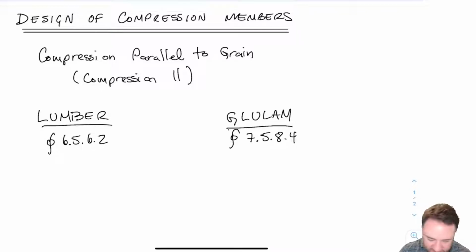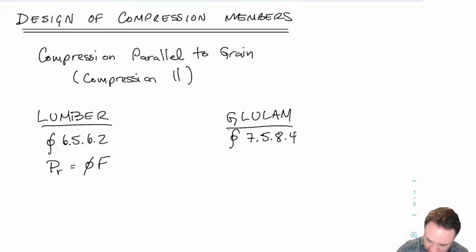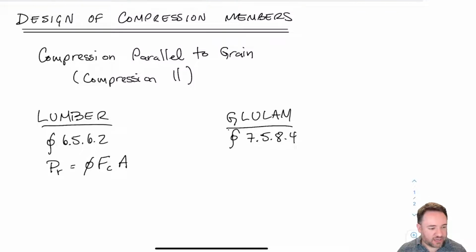So if I look at the lumber equation for compression parallel, which comes from clause 6.5.6.2, we have a Pr, which is a compression resistance, equals phi. We have, again, a stress times an area. So that gives you some indication that that represents kind of a crushing stress, that piece of the equation.